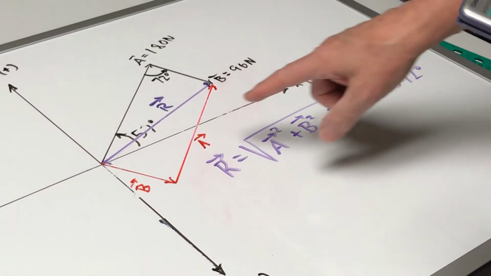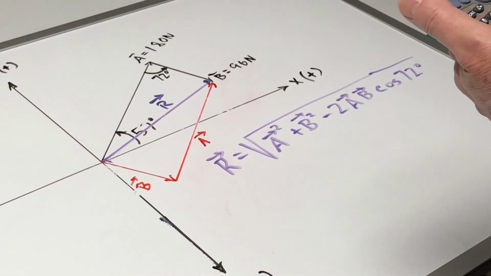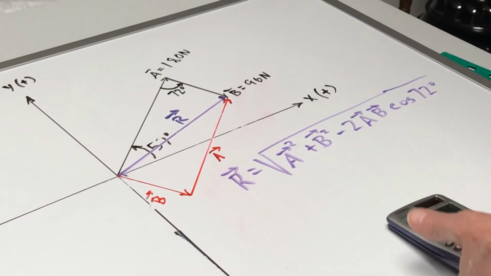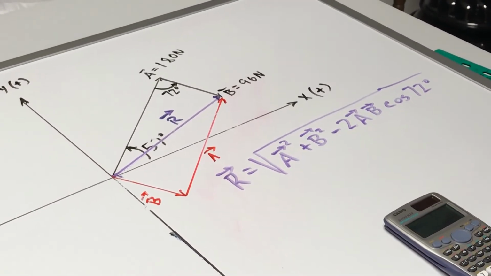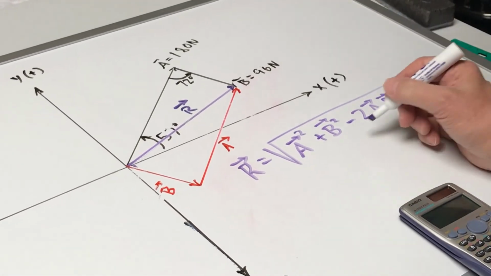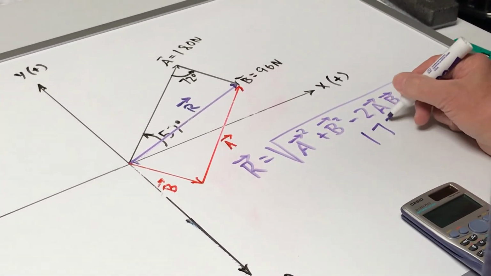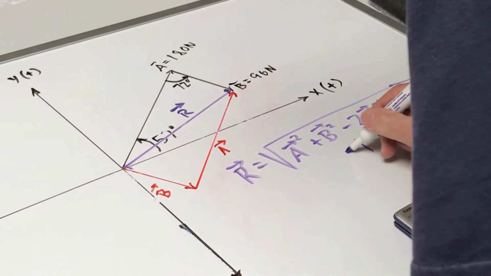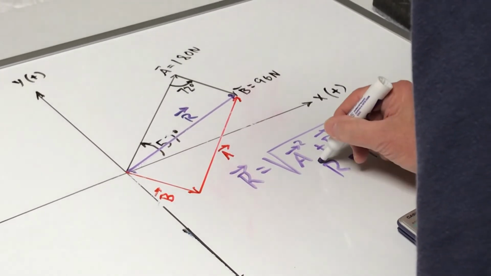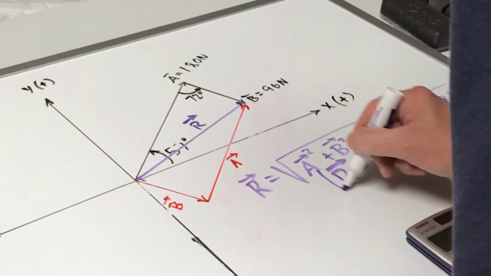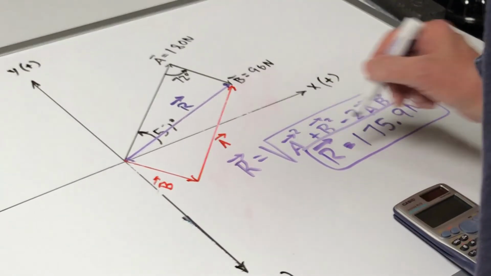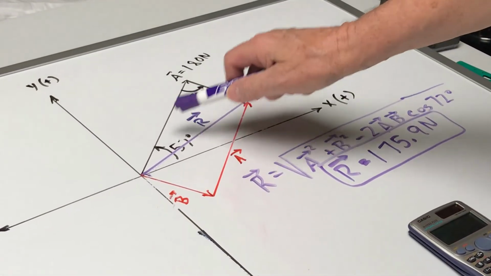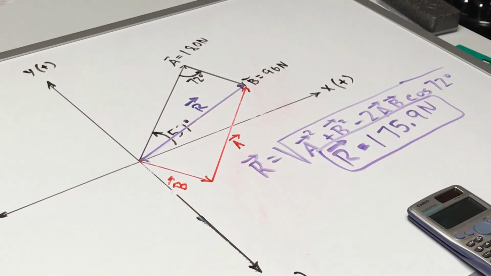And because it's under a square root sign, we have to take the square root of that answer, and we get 175.9 newtons, which is the magnitude of the resultant vector. So we just used the law of cosines to find the magnitude of R.